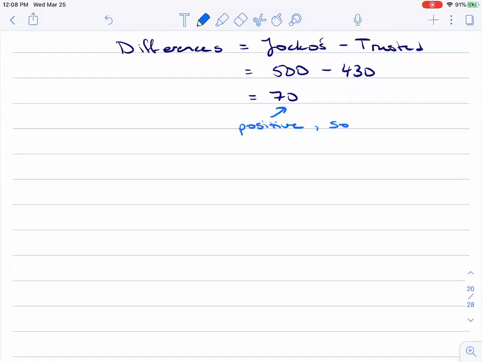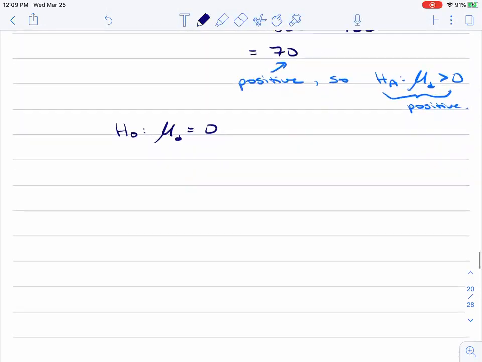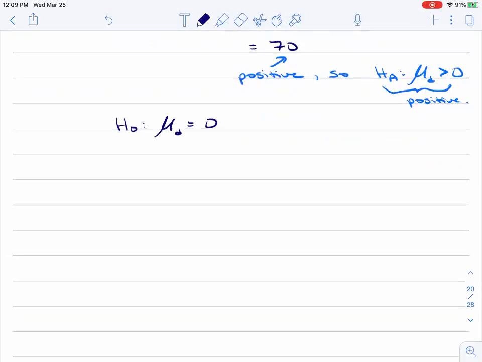So our alternative hypothesis must be that mu d is greater than 0, because this is positive. We always want to compare to 0, because our null hypothesis is in terms of 0. Our null hypothesis is always mu d equals 0. That's always the case for paired tests. And our alternative hypothesis is that mu d is greater than 0.